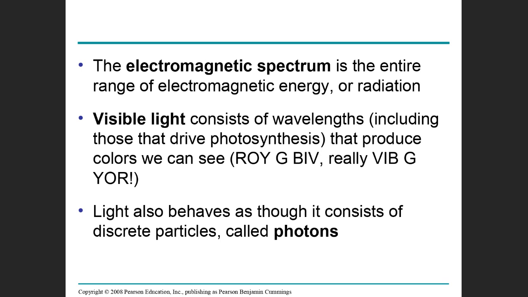So light also behaves as though it consists of discrete particles called photons. And so photons are massless particles, so they have no mass. And by definition, they cannot have mass because they travel at the speed of light.